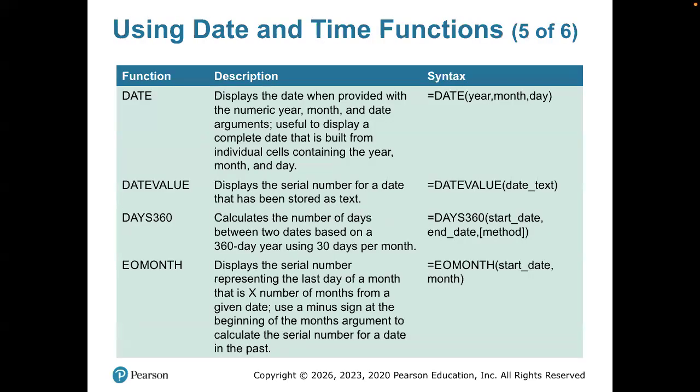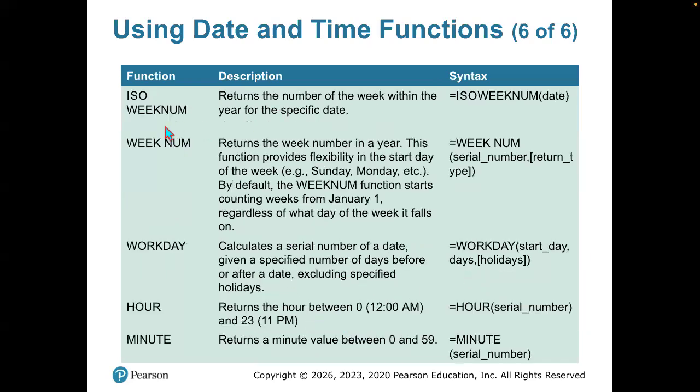Oh, and everything is also right here. So we have DATE, DATEVALUE, DAYS360, EOMONTH showing the serial number itself, going through our ISO week number versus week number, whether or not we're including that. You can also change the day of the week with this one.